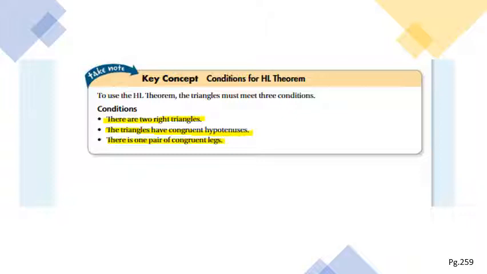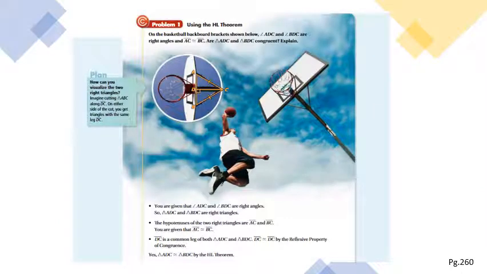Okay, let's see next. Problem 1. Using the HL theorem, on the basketball backboard brackets shown below, angle ADC and angle BDC are right angles and AC is congruent to BC. Are triangle ADC and triangle BDC congruent?